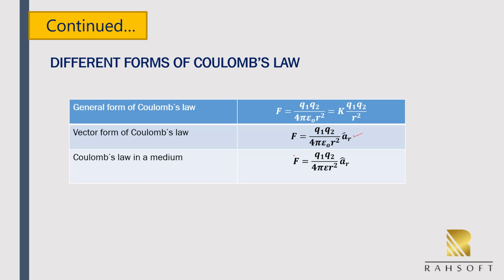And in a medium, if we have some insulating material between the charges, then the expression we already showed in the last slide is F equal to Q1 Q2 divided by 4 pi epsilon R square, unit vector AR. So these are the different forms of Coulomb's law: in vector form, in general form, and in a medium.